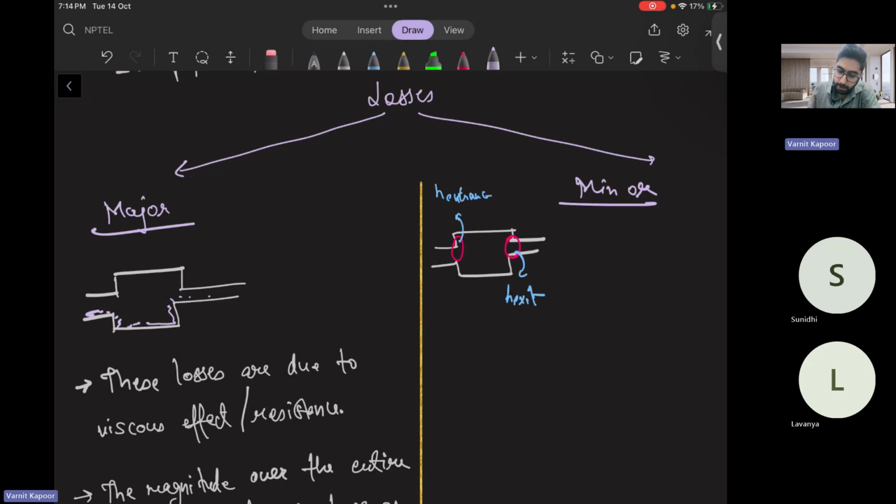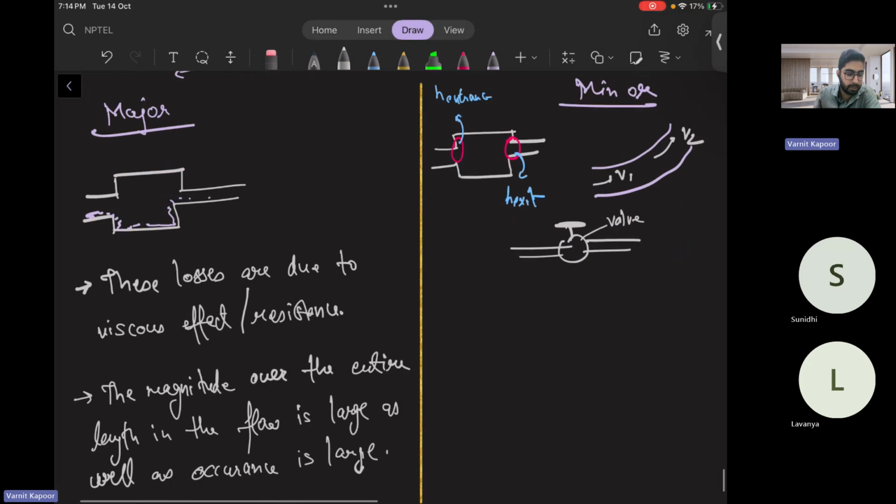Or suppose you have a bend in the pipe, so there is a velocity change, momentum change. Or if a valve is there, then there will be a loss because of the presence of that valve.